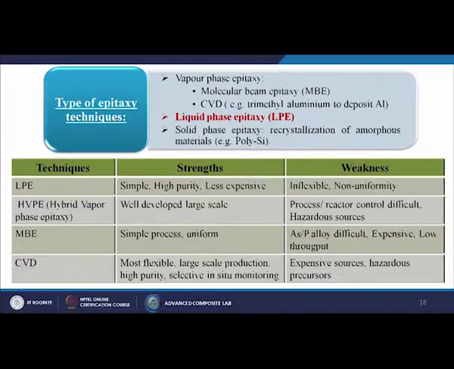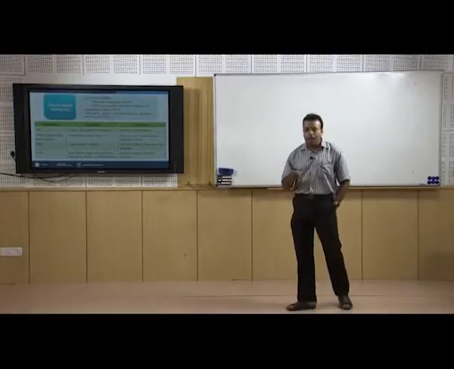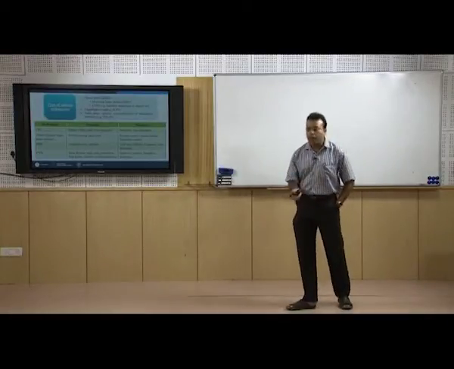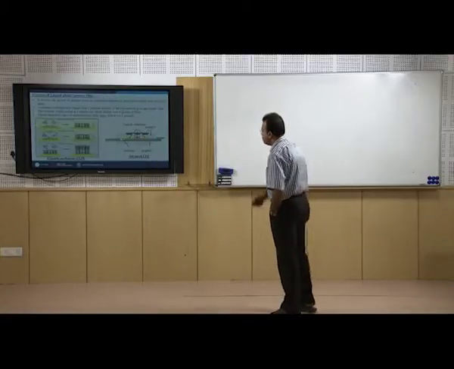For MBE, molecular beam epitaxy, the strengths are a simple, uniform process; the weaknesses are that arsenic and phosphorus alloys are difficult, and it is expensive with low throughput. For chemical vapor deposition, the strengths are that it is most flexible, large scale production, high purity, and selective in situ monitoring; the weaknesses are expensive sources and hazardous precursors. So, these are the advantages and disadvantages of the different techniques.